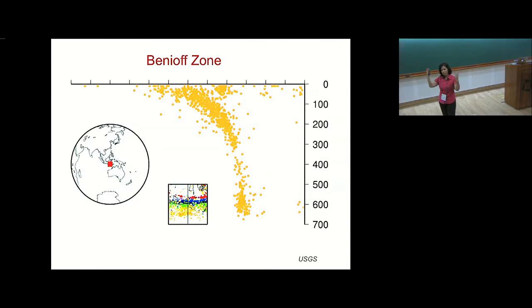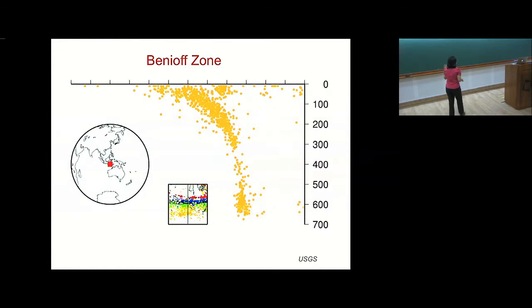From there, we can figure out in 3D what could be happening, where you have the oceanic and the continental lithosphere colliding, and the denser lithosphere, which is the oceanic lithosphere, sinking inside the Earth in this dipping fashion.